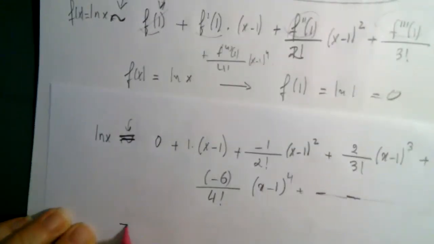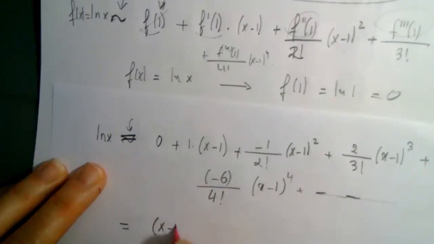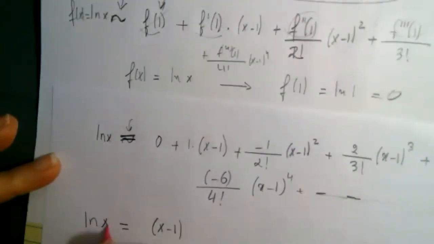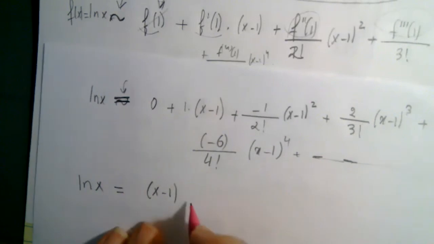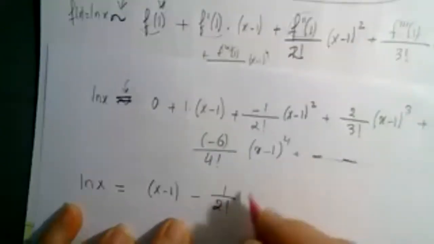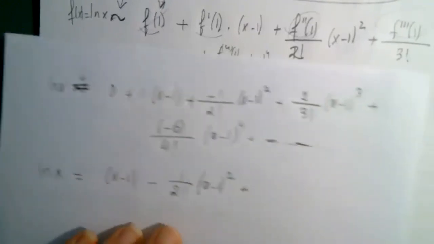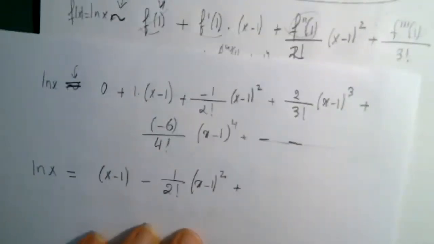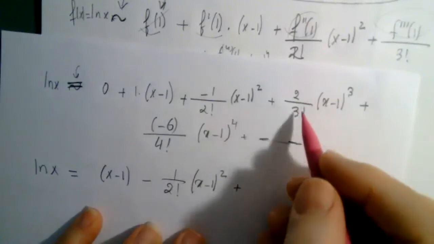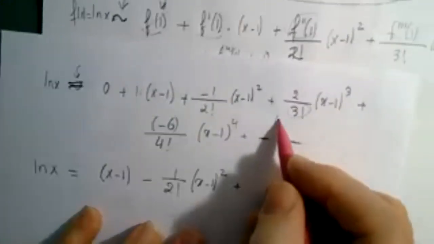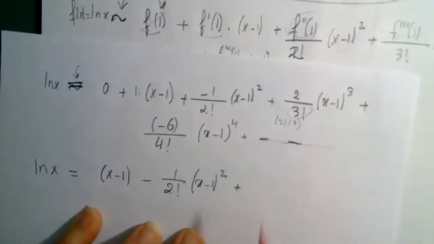So finally, it's going to be equal to x minus 1, minus 1 over 2 factorial x minus 1 squared, plus 2 over 3 factorial, which is how much? 3 factorial is 2 times 3.